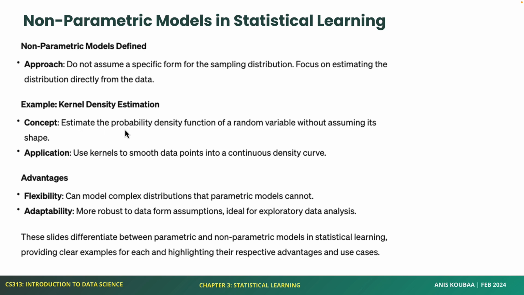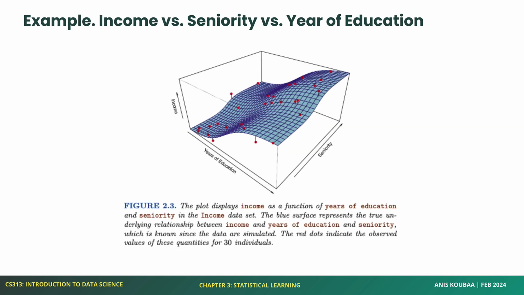It means estimating the probability density function of a random variable without assuming its shape. So the advantage is that the model can model complex distributions that the parametric model cannot, because we don't make any assumption. And it's adaptable. It's more robust to data variations, okay? Because it will be following the data more than following a particular model. And this is ideal for exploratory data analysis.